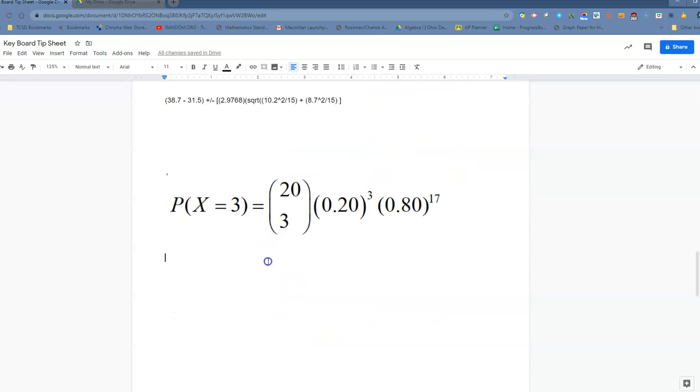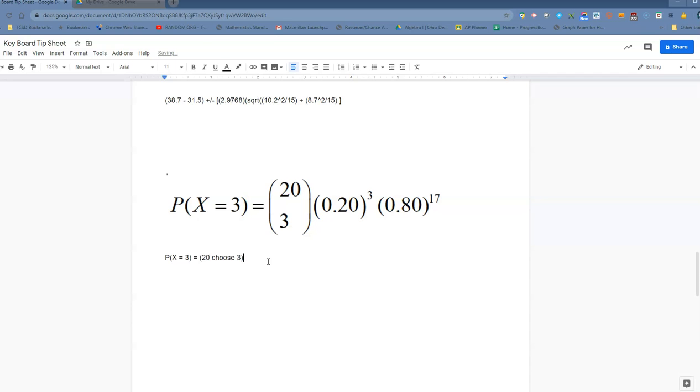Even binomial distributions. Now, I would doubt that for a binomial distribution they're going to ask you to actually get an answer, because that would definitely require your calculator to do some of this math, but they could easily ask you to show the work. So, the probability that the binomial random variable x is exactly 3 equals, now how do you do that, 20 choose 3.